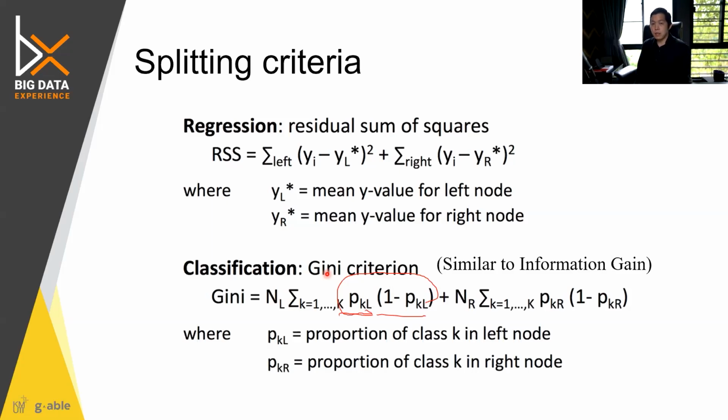What value of P would result in the highest P times 1 minus P? Right? Answer in the chat. Anyone?